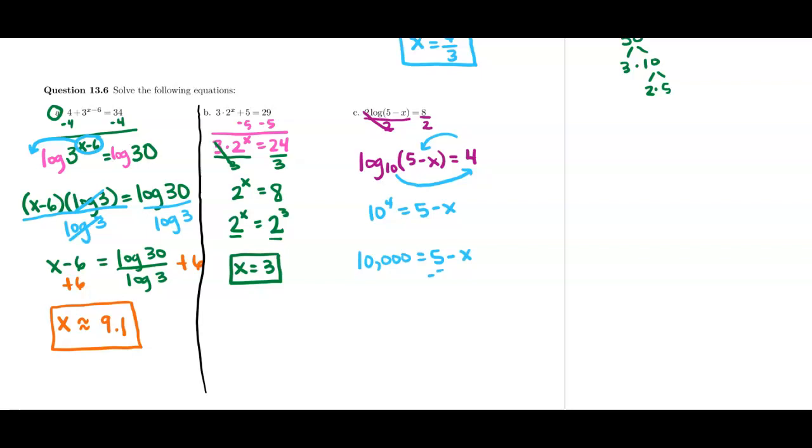Then I want to subtract my 5 over, so I get 9,995 equals negative x. X is still not by itself yet, so I need to divide both sides by negative 1. So x equals negative 9995 for that one.